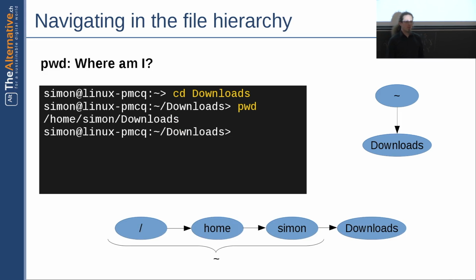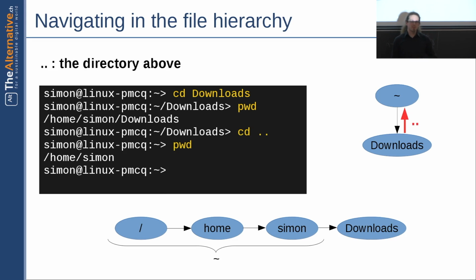Now, if you want to know where you are at the moment, pwd will tell you. We stepped down one folder from our home folder and are now in downloads, so the absolute path to the folder reads /home/Simon, my username, /downloads. There's also an easy way back. If you type 2 dots, this means parent directory.